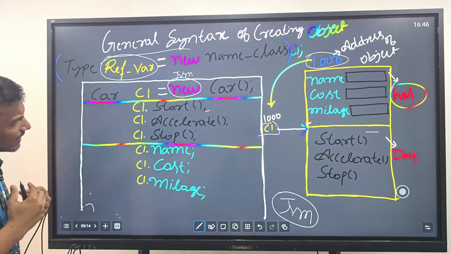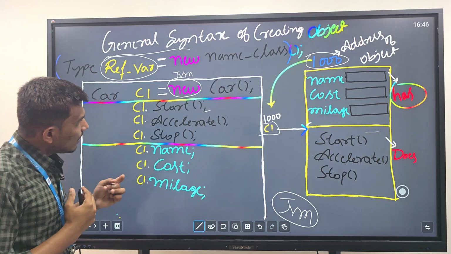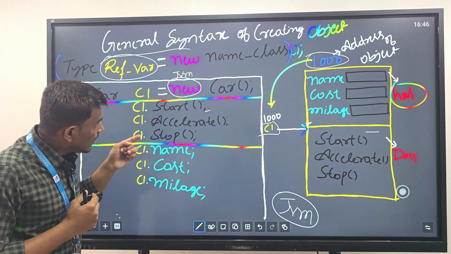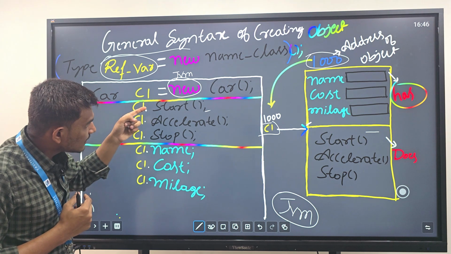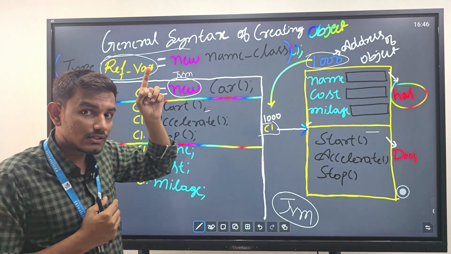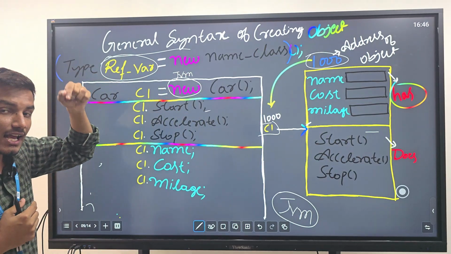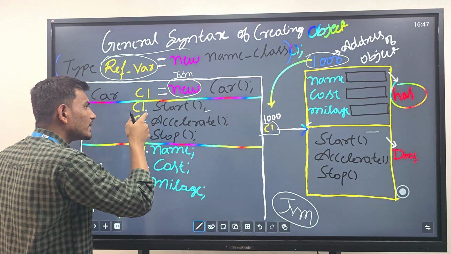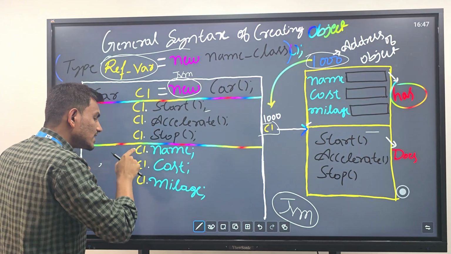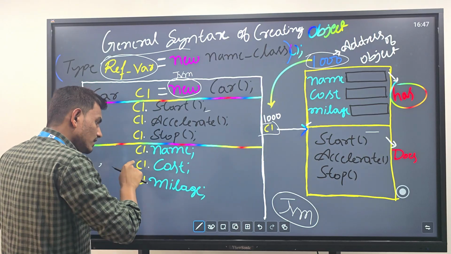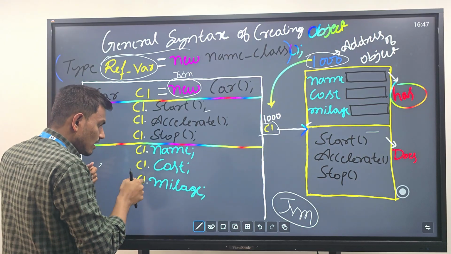Why do you think so? The people who are able to recognize this: start, accelerate, stop, all of these are the behavior of the car, which are there inside the class which you created. Reference variable dot operator: start; C1 dot name, C1 dot cost, C1 dot mileage.